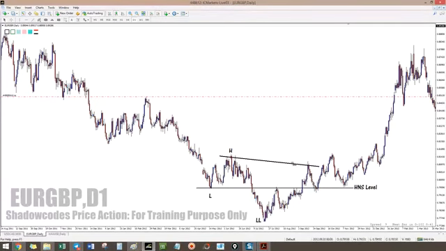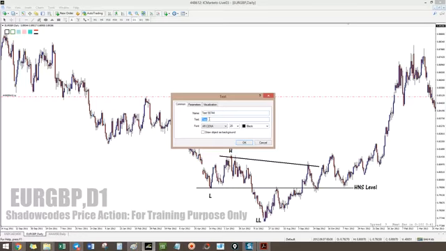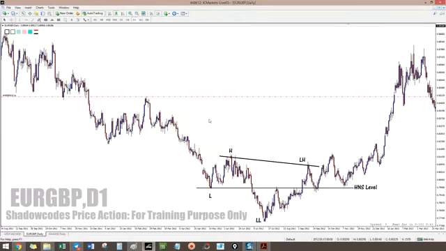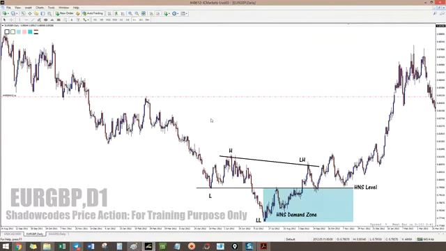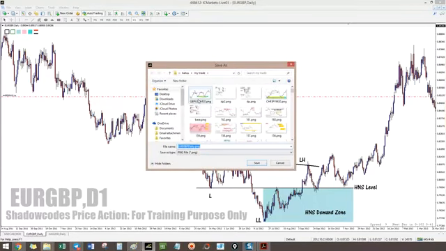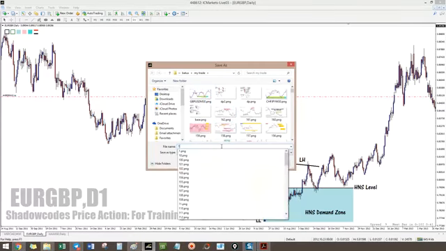And this will be our lower high. Okay, so we mark this in blue. This will be the HNS demand zone. Okay, so save this. 163.